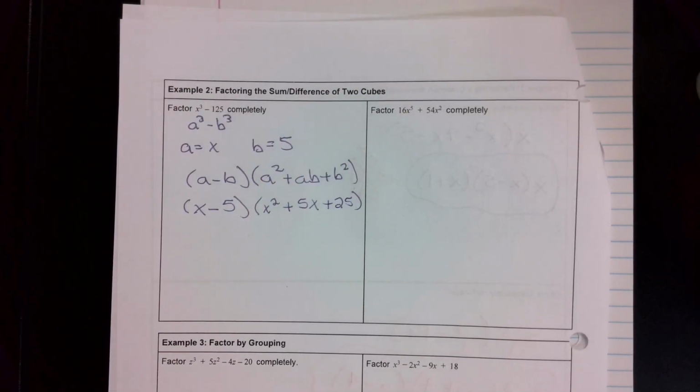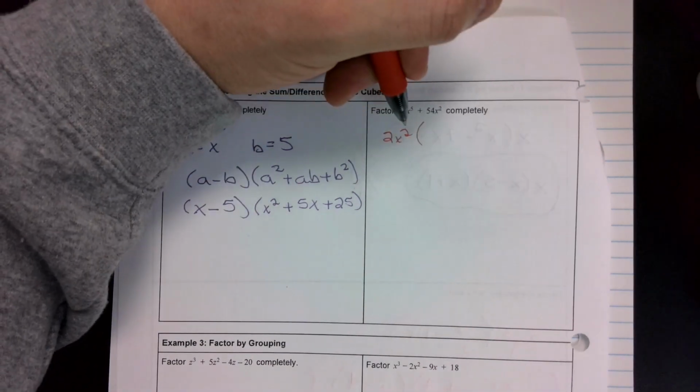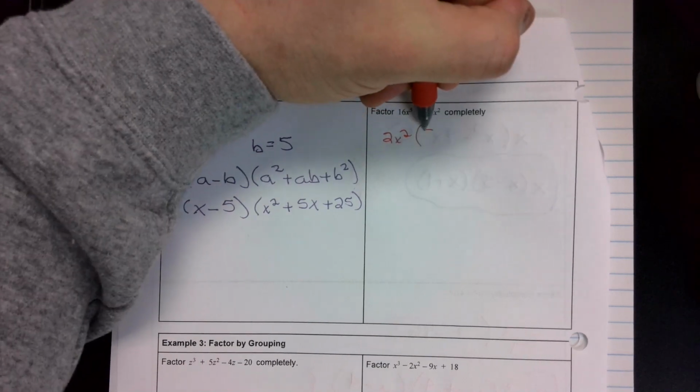For the last one, first thing we want to do is we want to look for our greatest common factor. And so 16 and 54, those are both divisible by 2, and we can pull out an x squared. So I'm going to pull out a 2x squared, and I end up with 8x to the third, plus 27.